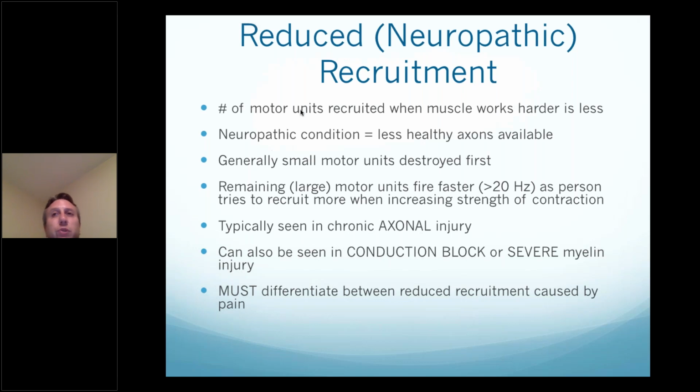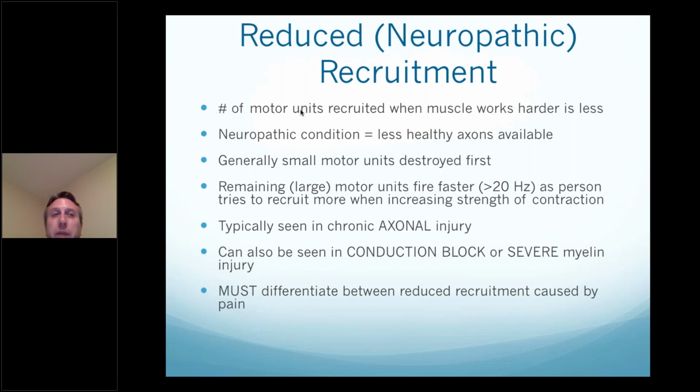That's not reduced recruitment, because in true reduced recruitment you'd see a reduced number of units, but the ones that are there are going to be firing faster. So that's how you can differentiate reduced recruitment by pain, which is normal, versus reduced recruitment because of nerve damage, which is abnormal.